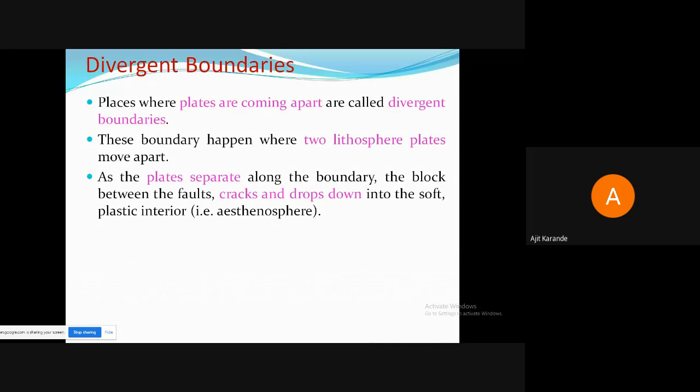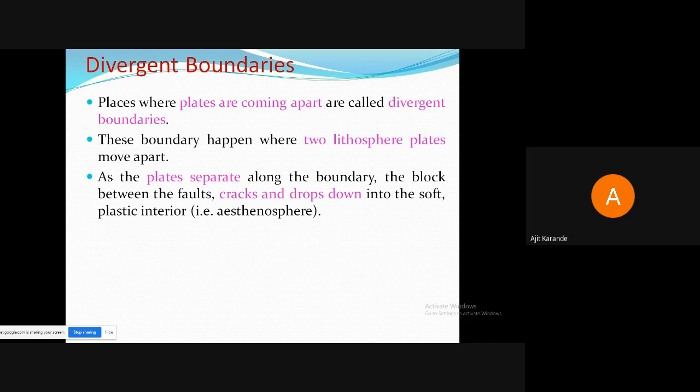So as the plate separates along the boundary, the block between the faults is nothing but the particular cracked area in between two plates. This fault area cracks and drops down into the soft plastic interior. Now, what exactly is the soft plastic interior?